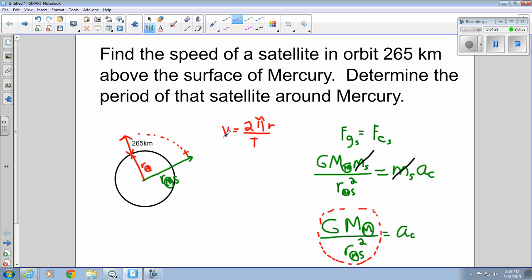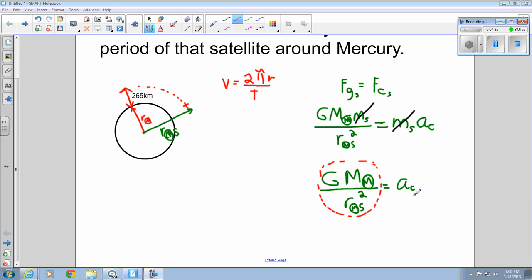But we're specifically interested in the velocity. Well, centripetal acceleration is equal to v squared over r.